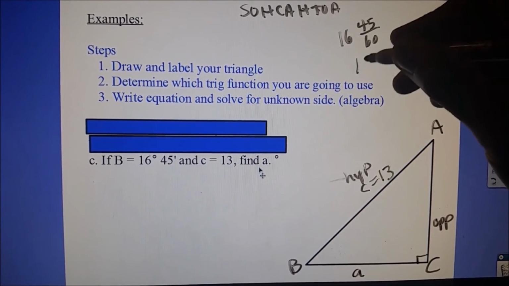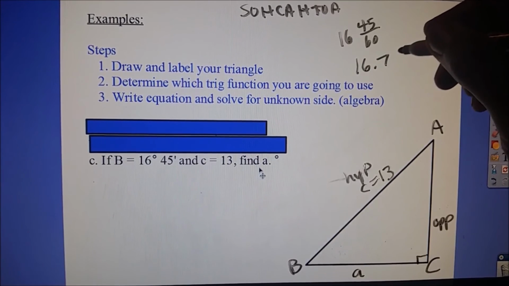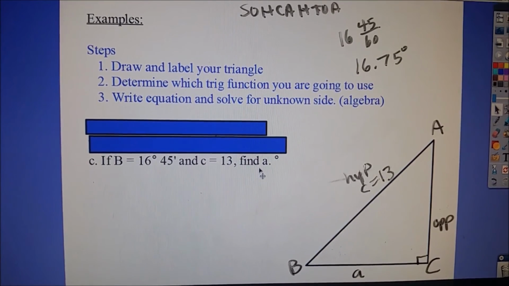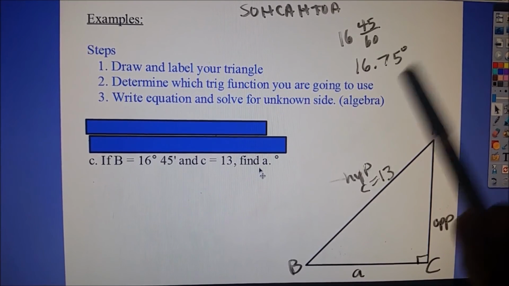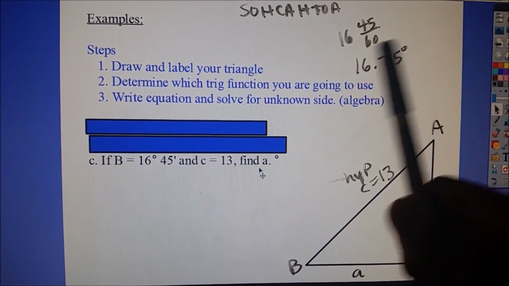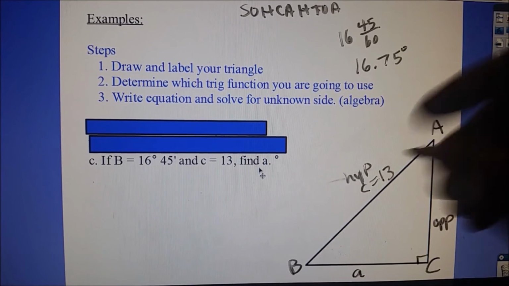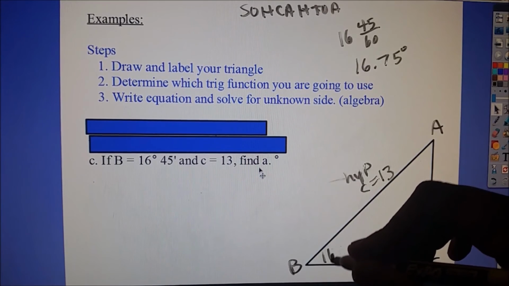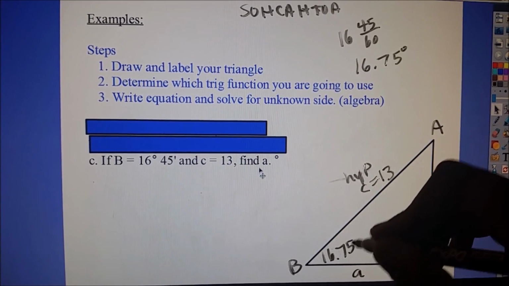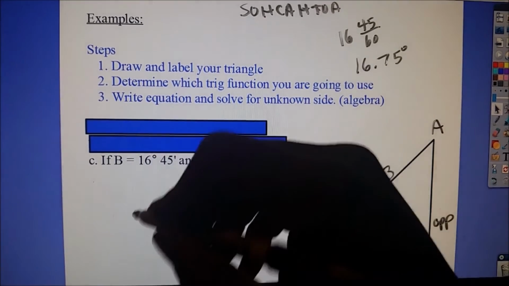So this is going to be 16.75 degrees. I'll show you how to do that by calculator, but by hand you just have to divide. So right here, 16.75 degrees.